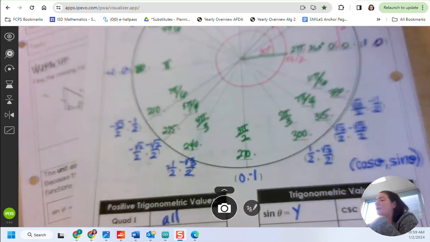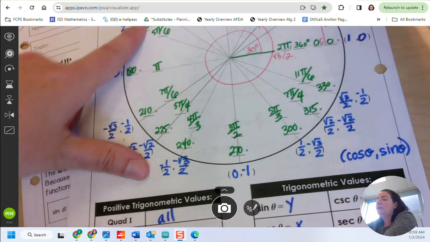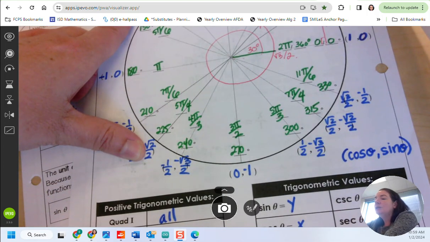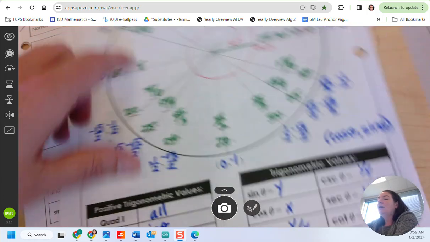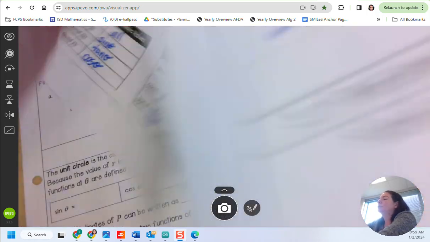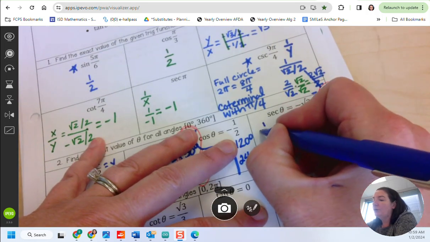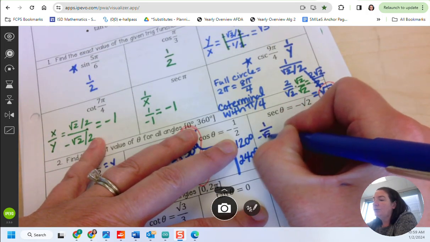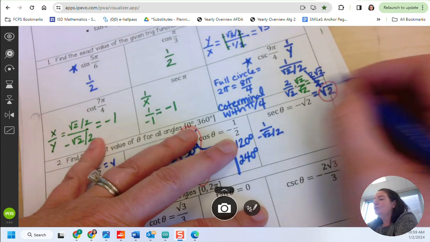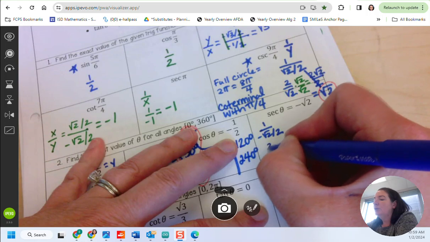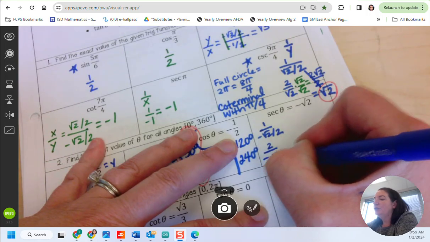135 and 225. So we're thinking it might be both of these, right? Because we've had 2 angles so far. So let's just try one of them and make sure that our assumptions are making sense here. So the secant would be the reciprocal of negative root 2 over 2. So 1 over negative root 2 over 2, which we've done this before, right? That becomes 2 over negative root 2.